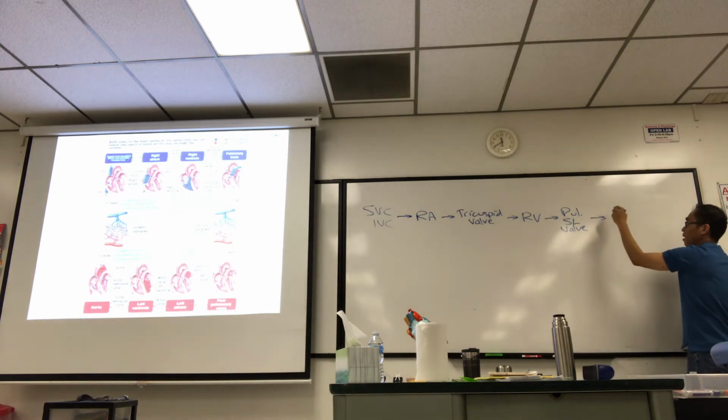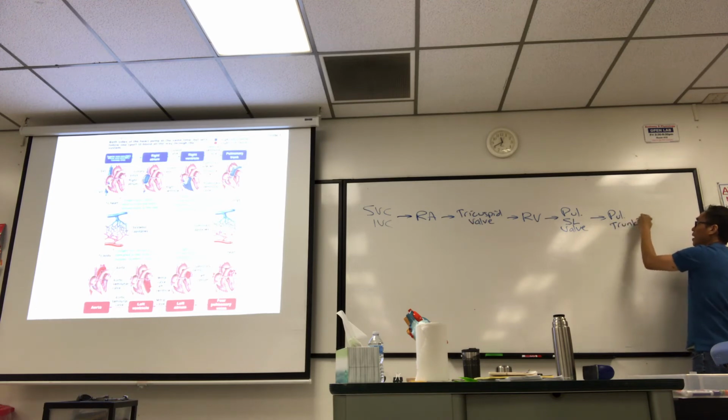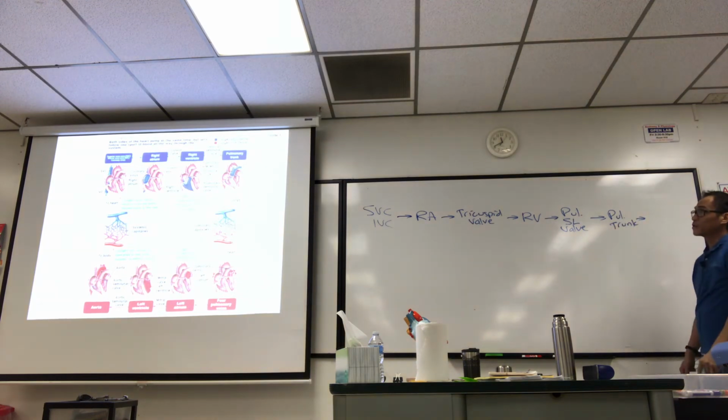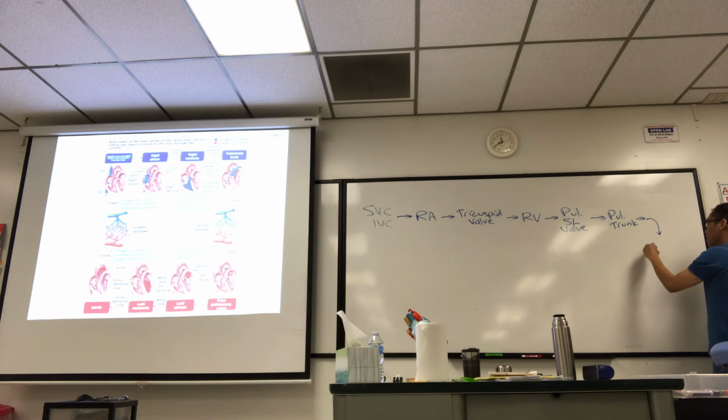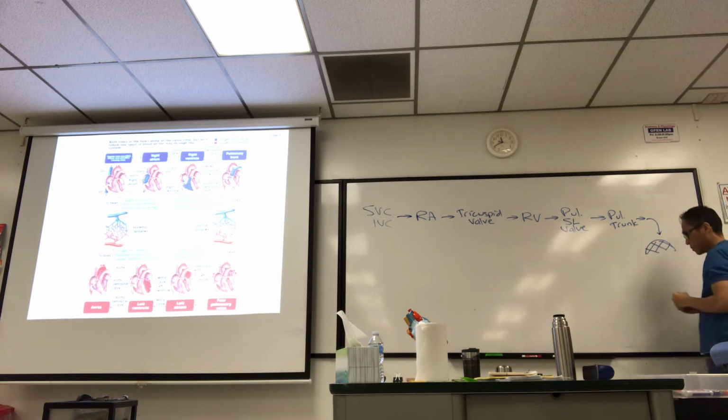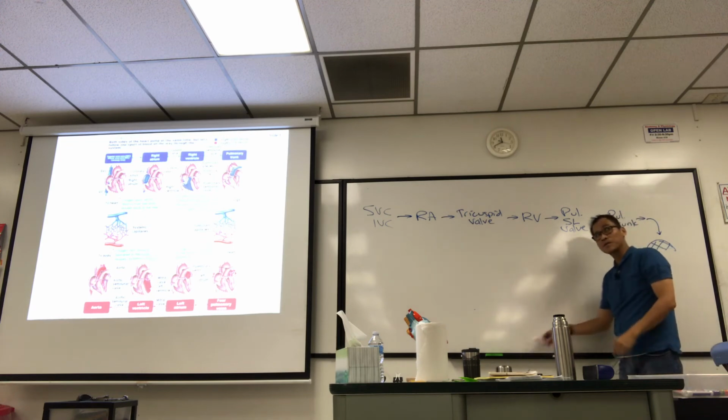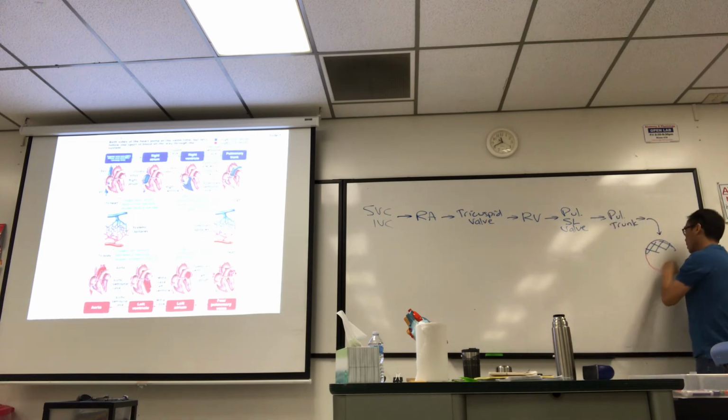Then you're in the pulmonary trunk. And then you get to the lungs. Now you're into the pulmonary capillaries. So I'm going to draw the capillary bed half blue and half red to symbolize that the blood has picked up oxygen. So I'm just going to write pulmonary capillary for short.